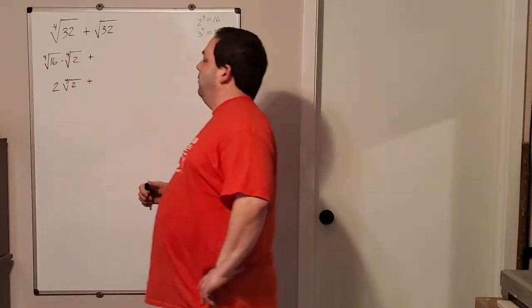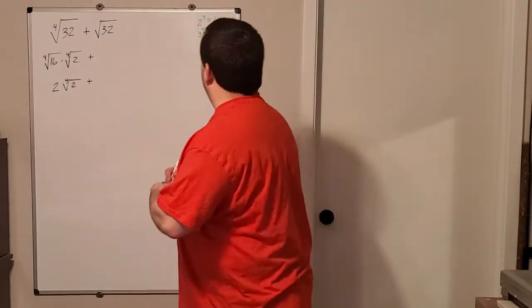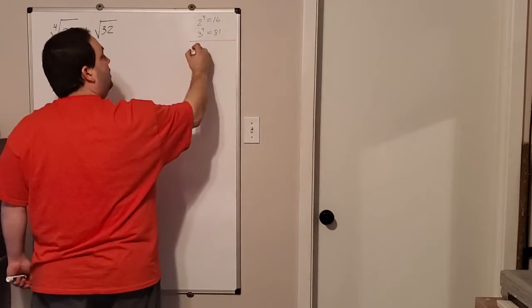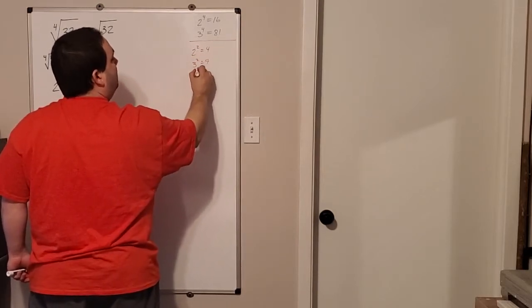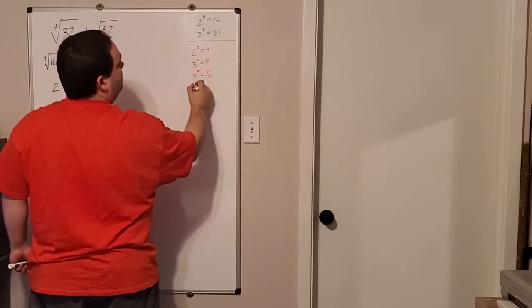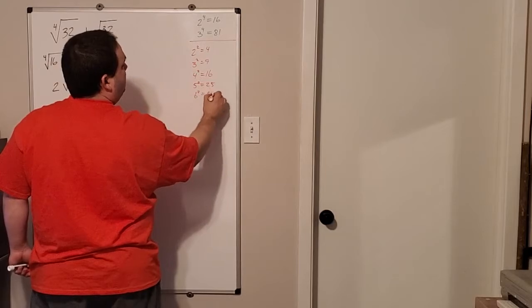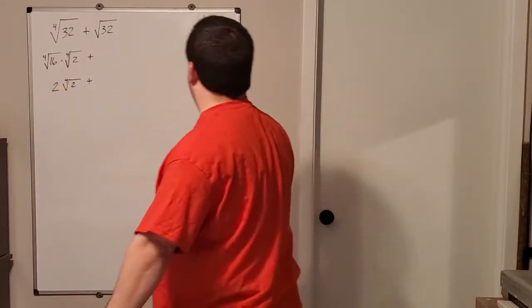And then square root. So then we're just going to focus in on our square numbers, not to get them confused with the fourth power numbers. 2 squared is 4, 3 squared is 9, 4 squared is 16, 5 squared is 25, 6 squared is 36. 36 is already bigger than 32, so let's go back down the list.